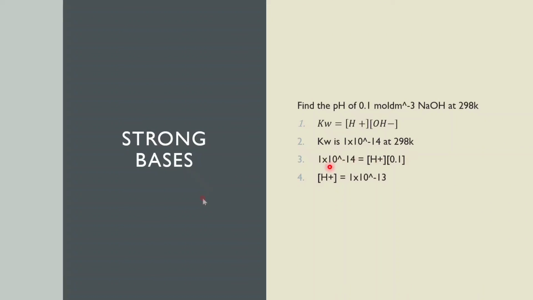We then rearrange to find our H plus concentration by dividing both sides by 0.1 to give us this value here. Now that we have our H plus concentration of our solution, we can sub it into our pH equation to get the pH as 13.